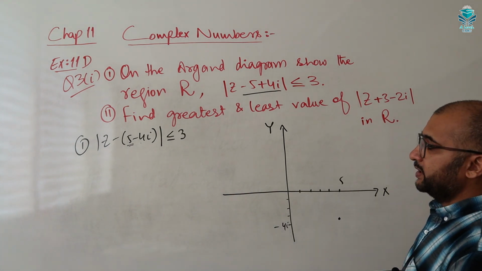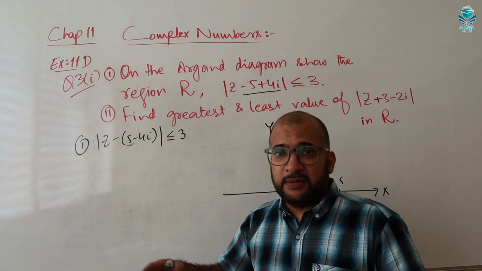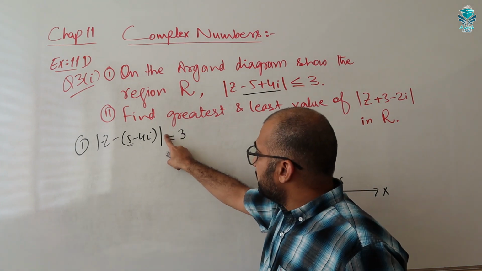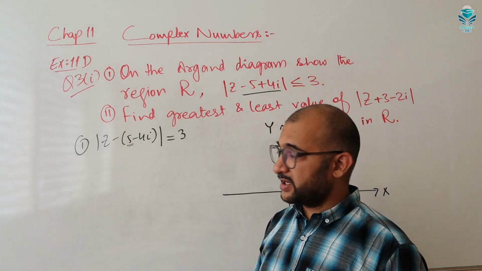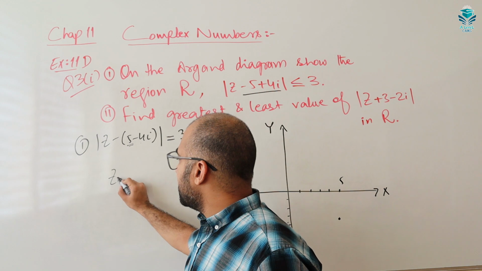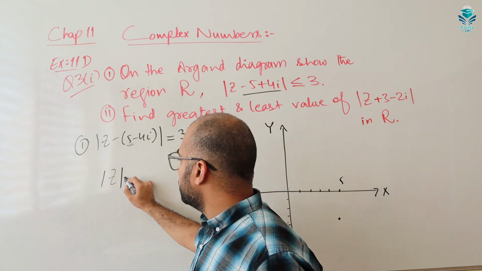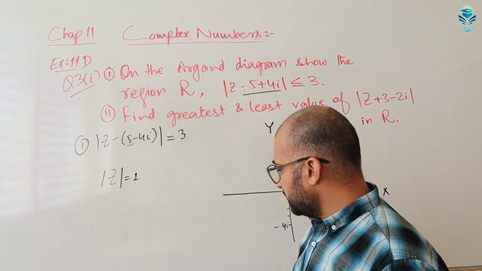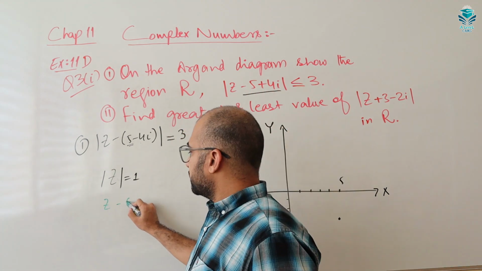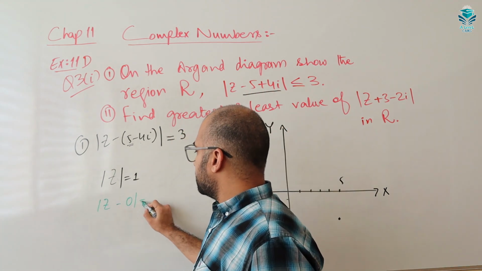You have this point. For the time being, consider this equal to 3. It means you have a circle. This is a circle equation. If you have, for example, modulus of z equal to 1, it means you have a circle with center 0 and radius 1.